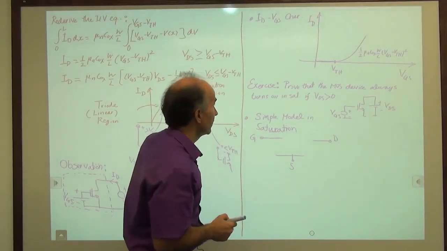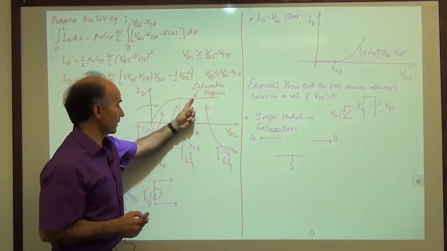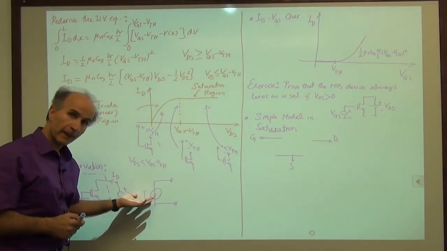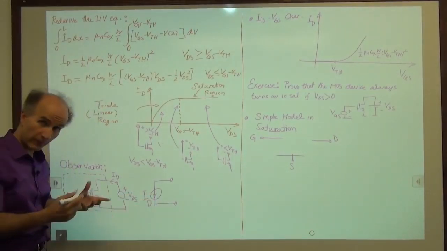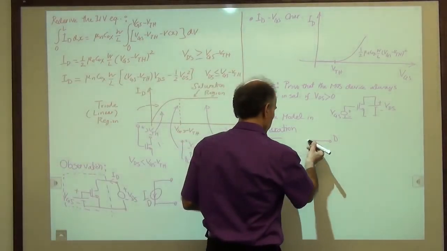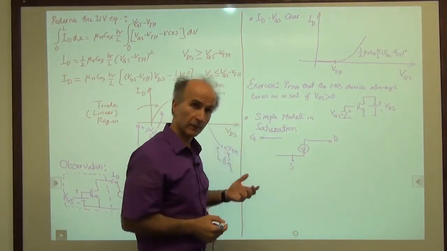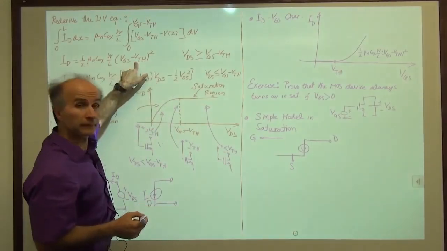Okay, well, didn't we just say that in saturation the device acts as a current source? And the current source is equivalently connected between source and drain. It represents source and drain behavior. So I'll just put a current source between source and drain. And I know the value of that current source. What's the value here? That's this value.